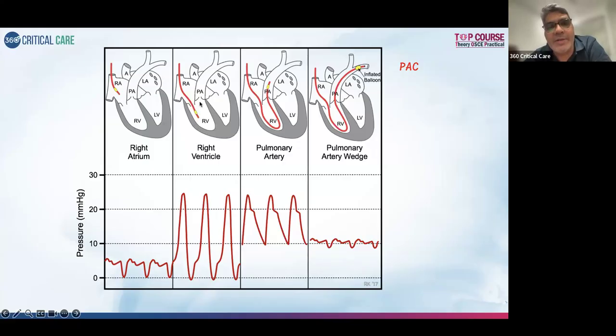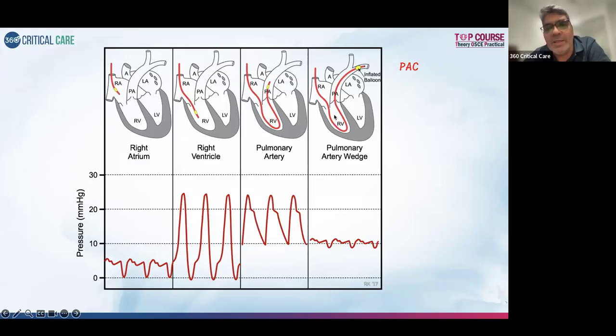Now the balloon is inflated and it floats into the pulmonary artery. That's where it becomes like an arterial waveform where you'll have a systolic and a diastolic number. Systolic will be whatever it was in the ventricle, and the diastolic goes from 0 to around 8, 7, 6 like that. So you will have more of an arterial type of waveform. That means you are in the PA.